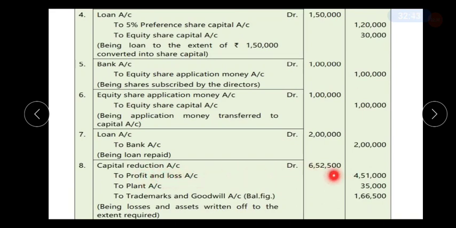It is completely gone. Then we are using 35,000 for undervaluation of the plant. So you are crediting the plant. The plant is an asset, and when you credit any asset, the asset value is reduced. So by crediting the plant, you are reducing the asset value by 35,000. By crediting the profit and loss account, it is nullified, because it had a debit balance earlier.